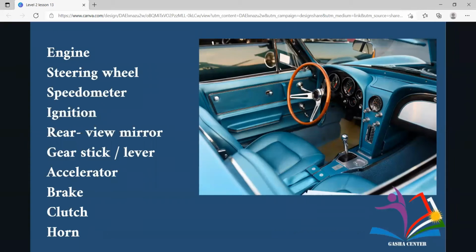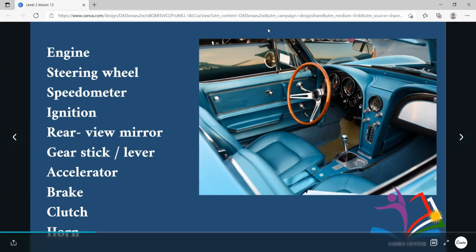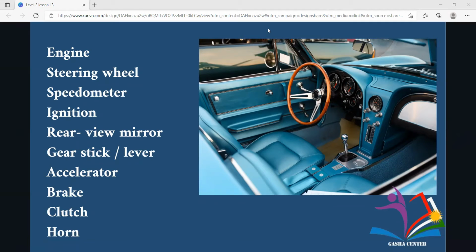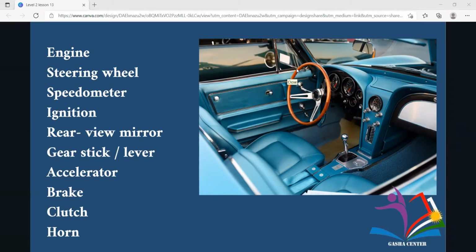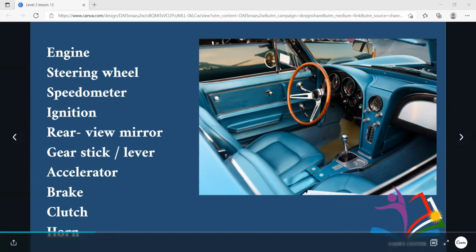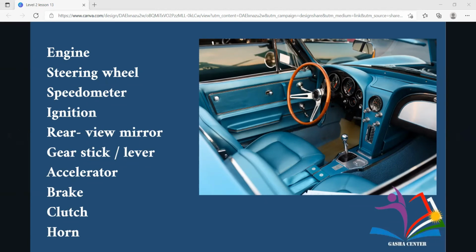And let's go inside the car. We have the engine. Yes, Mr. Sarhad, do you know what's an engine? Engine is the physical machine used for moving cars. Yes, that's it.